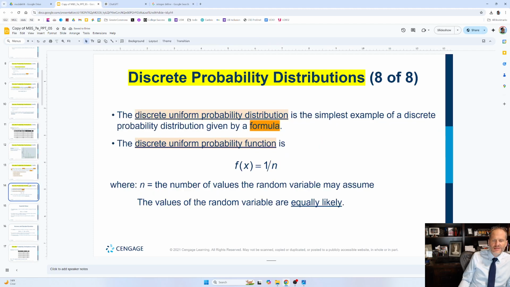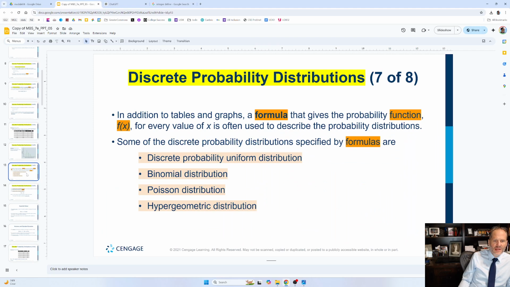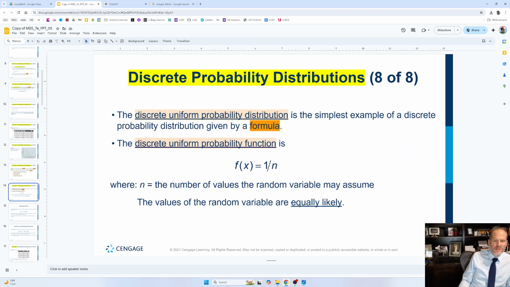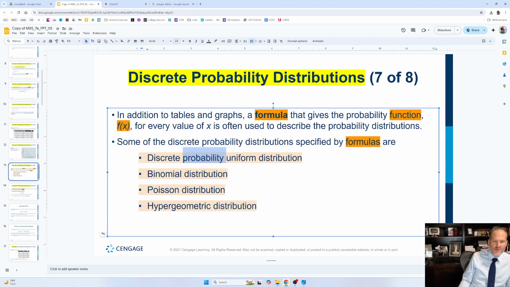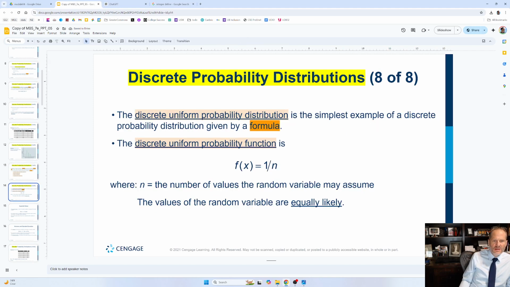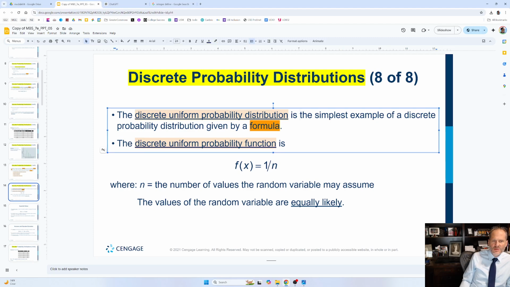Discrete uniform probability distribution is the simplest example of a discrete probability distribution given by a formula.